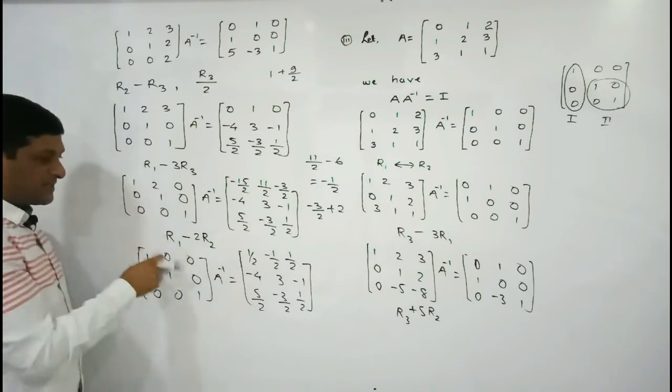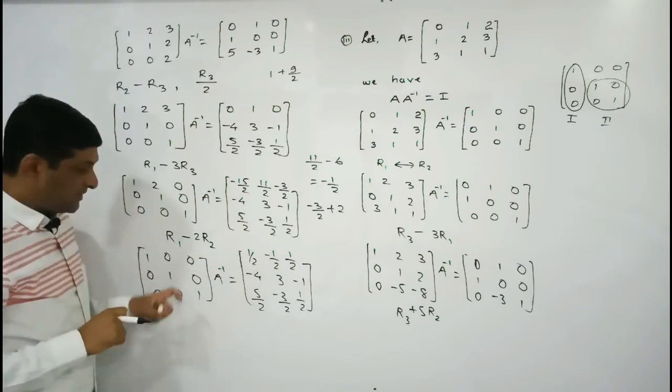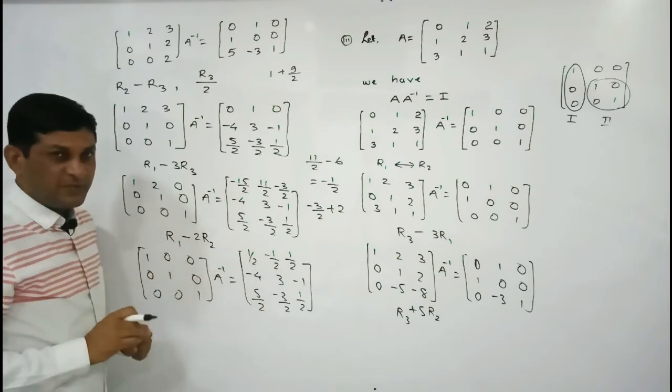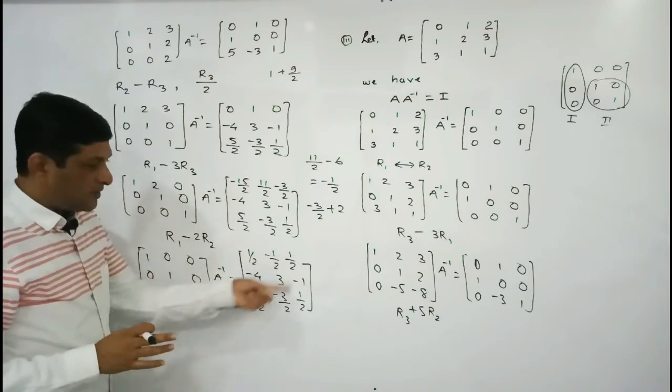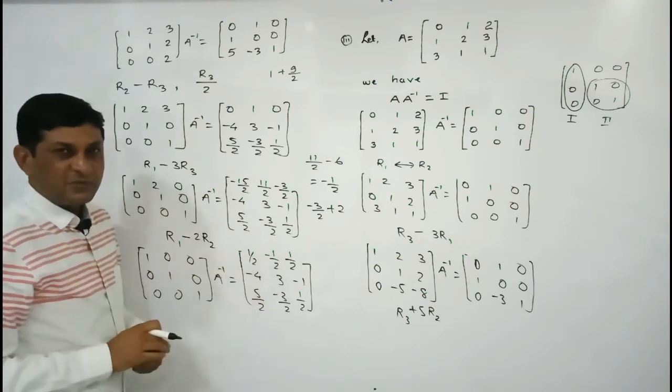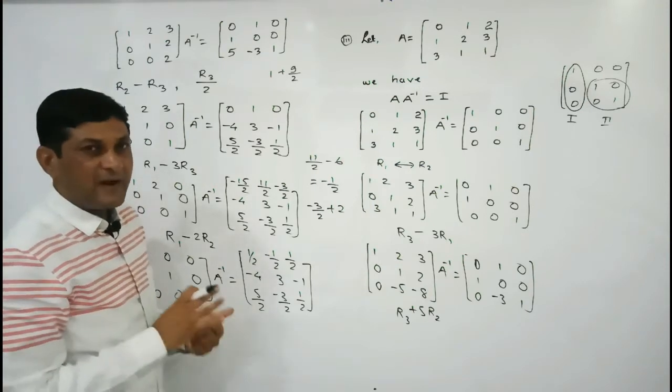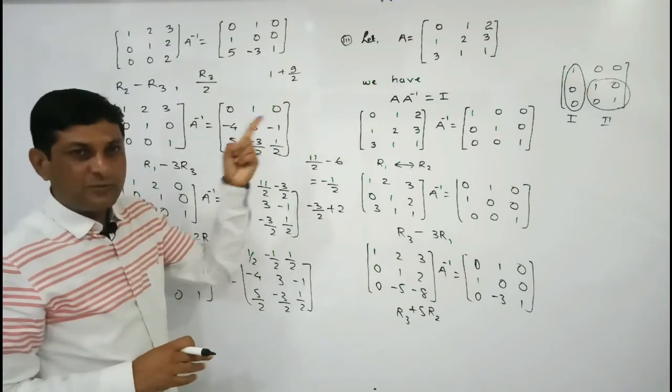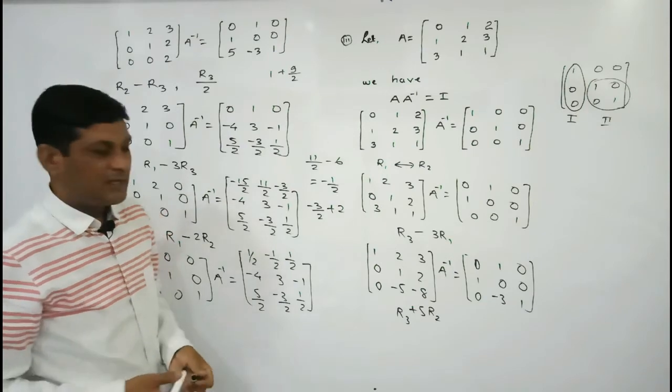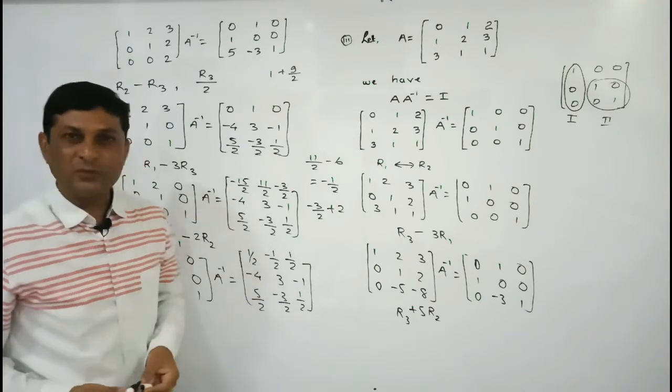So this matrix will become identity and what will we get? Identity into A inverse will be equal to A inverse, and on this side whatever new matrices we have got will be our required value, meaning the inverse of the given matrix. Let us try to write down this matrix in its simplest form.